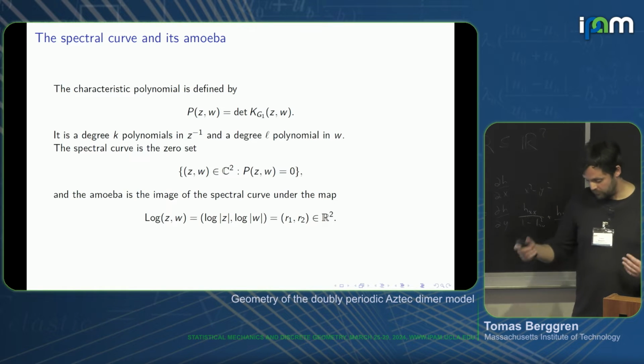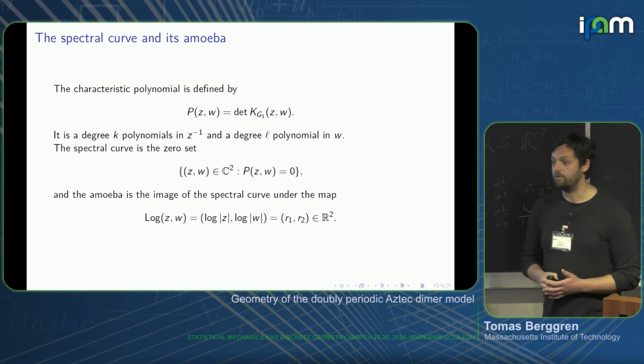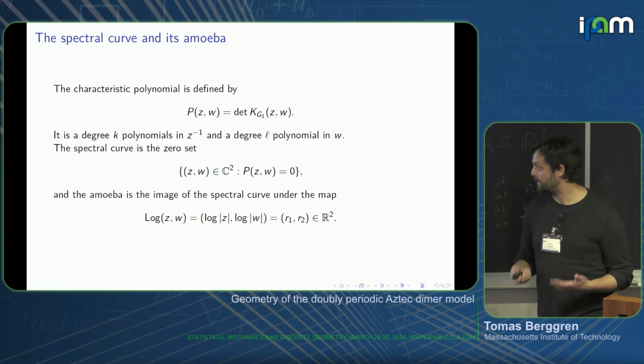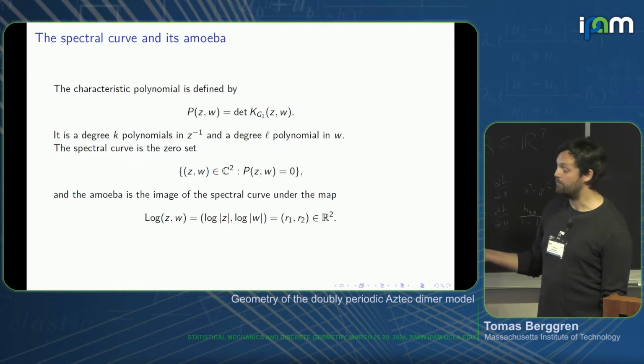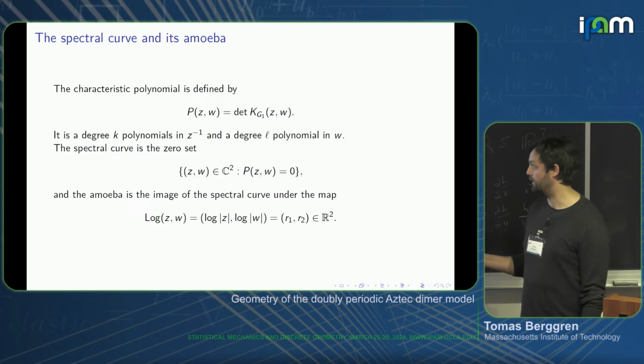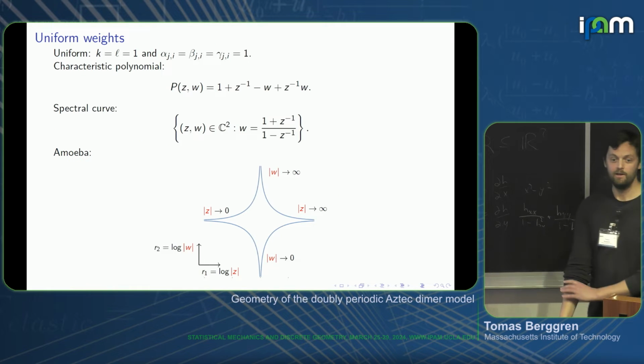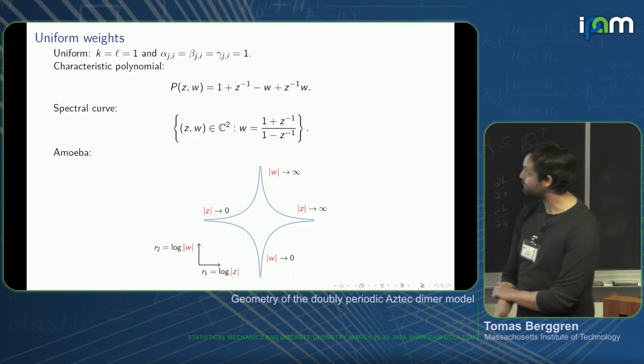To visualize this curve in C2 in a nicer way, you can consider the amoeba, which is the image in R2 of the log map, which takes (Z, W) to (log of absolute value of Z, log of absolute value of W). Okay, so let us go to an example so you can see what these objects actually are.